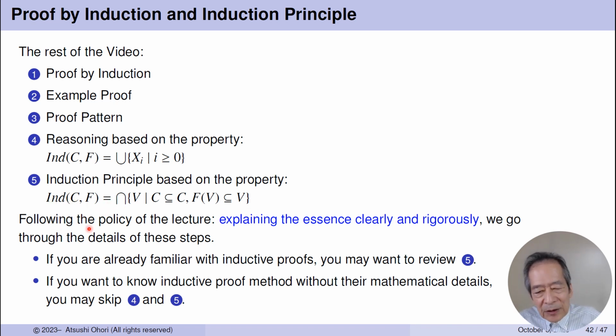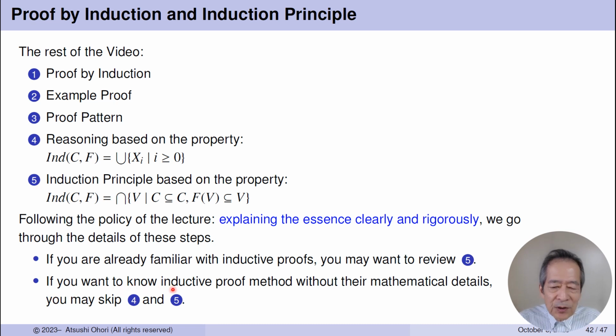So following the policy of the lecture, my policy of explaining the essence clearly and rigorously, we go through the details of these steps. So this is a note: if you are already familiar with inductive proof, you may skip 1 through 4 and just review 5.